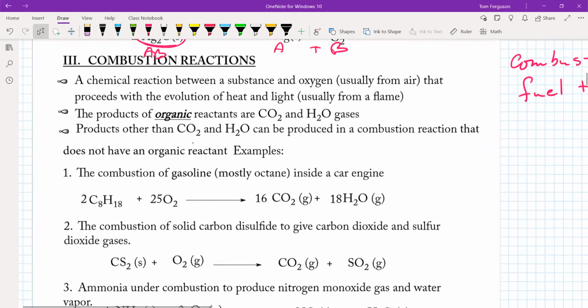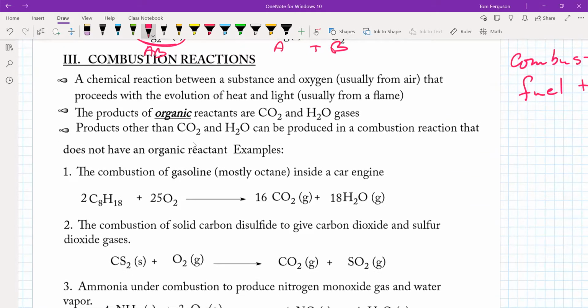Organic reactants typically are carbon, hydrogen, frequently oxygen. So if we're taking, for example, octane: octa is 8, so we have 8 carbons with all single bonds attached to the hydrogens.